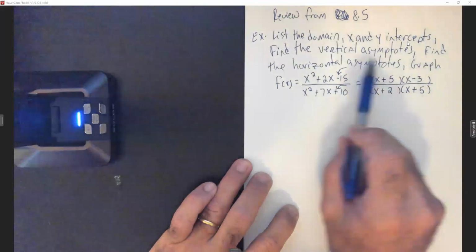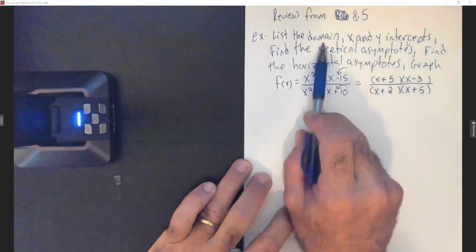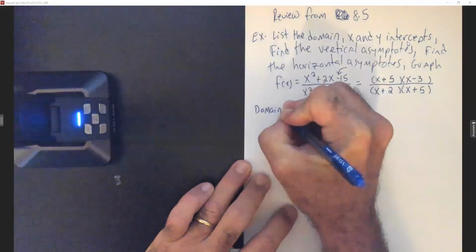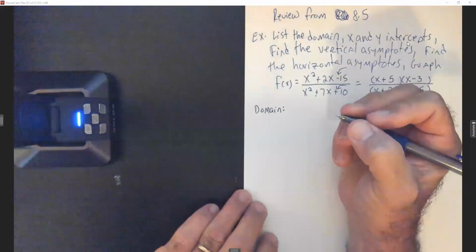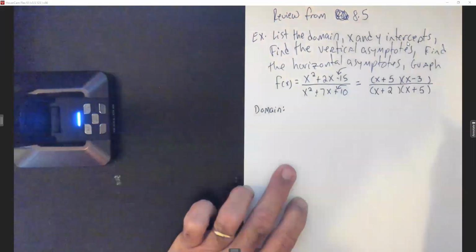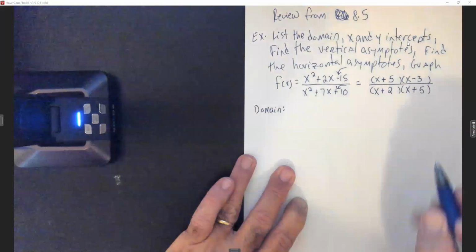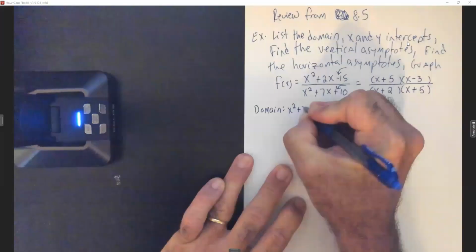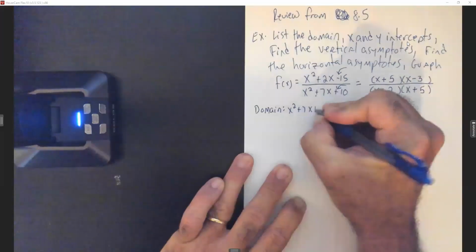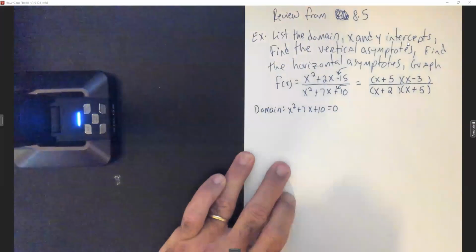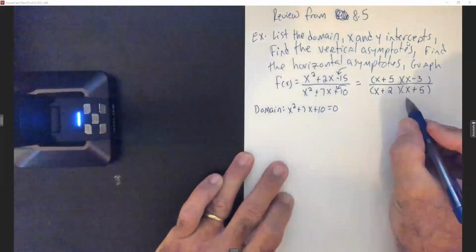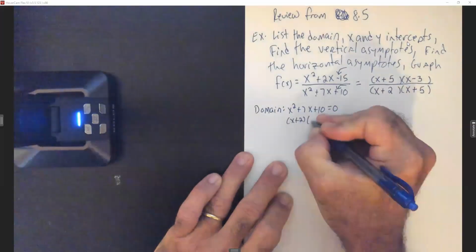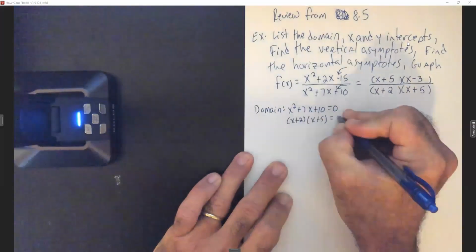Now for the domain, we know what to do for the domain. So the first thing I'll find is my domain. And they want these in interval notation, okay? So to find the domain, I take the bottom, x squared plus 7x plus 10, and set it equal to 0. Now, I've already factored out the bottom over here, so we know that's x plus 2 times x plus 5 equal to 0.